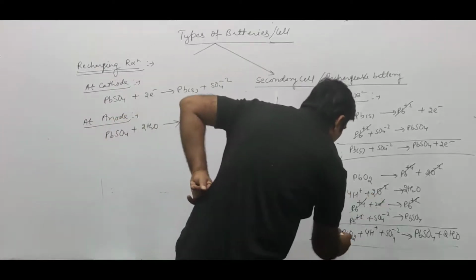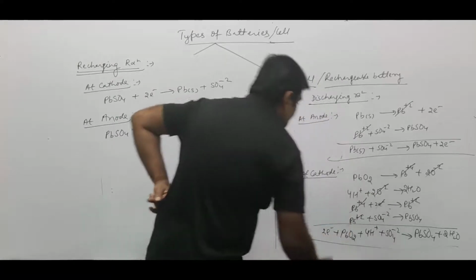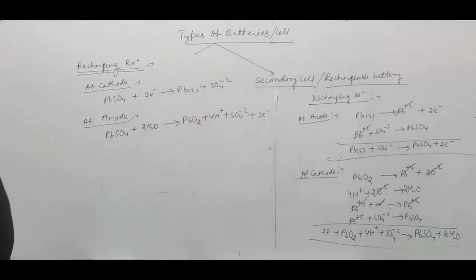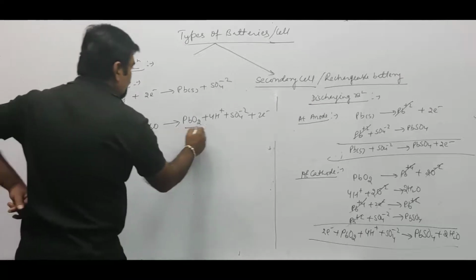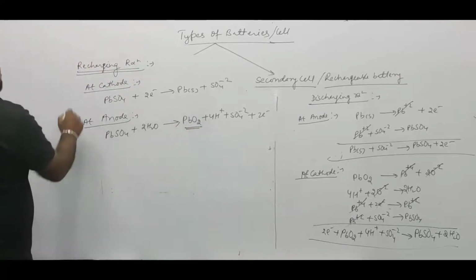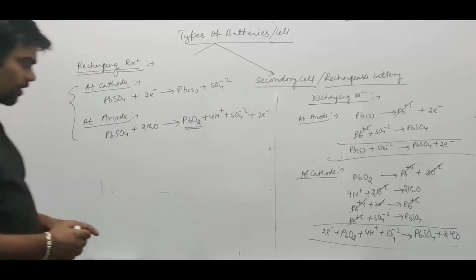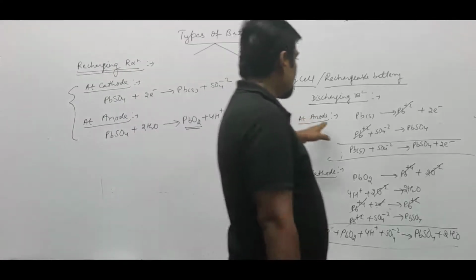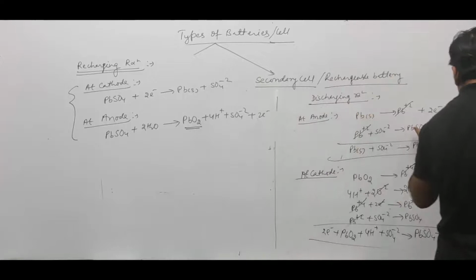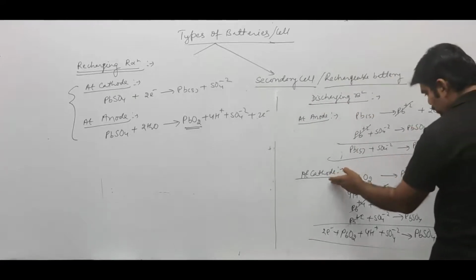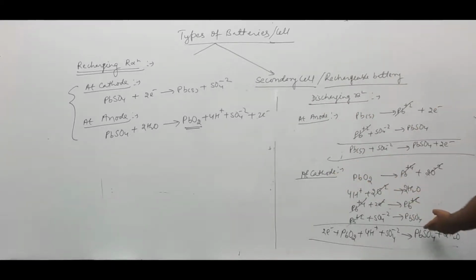Over here 2 electrons are there. So this gets oxidized and forms PbO2 back. So the reaction is reversed. In this case at anode, Pb is converted to PbSO4. At cathode, PbO2 is converted to PbSO4.